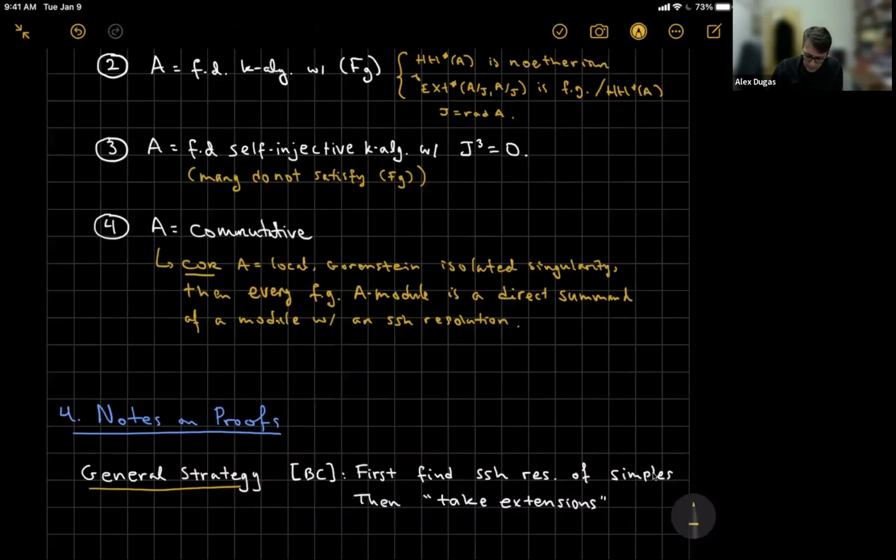They first show that the simple modules have SSH resolutions. And then they build SSH resolutions for other modules by taking extensions, in a sense. This first step turns out to be different, ad hoc constructions in each case.